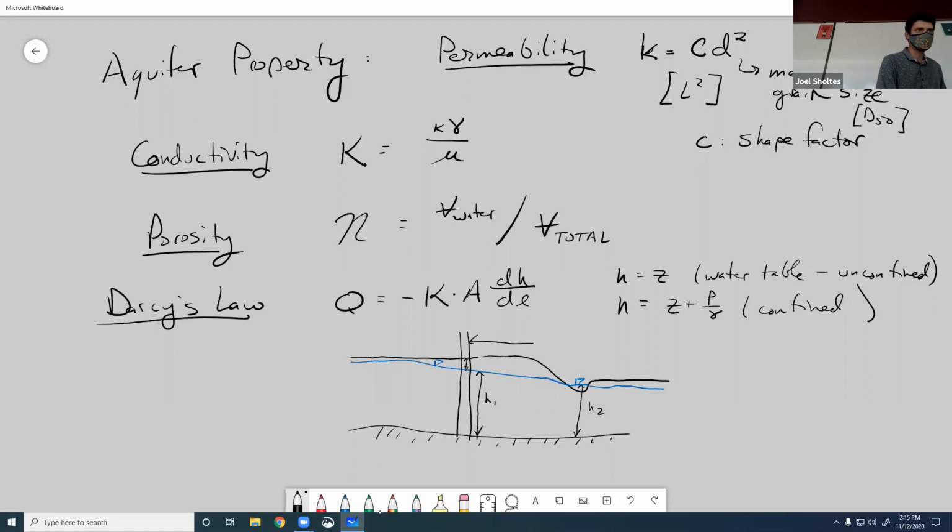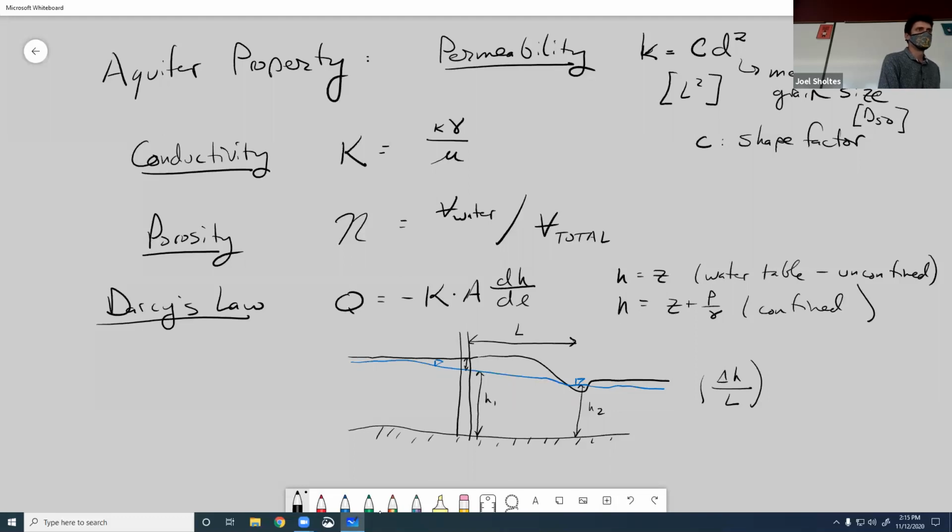And then this is our length. Then in this case, our gradient is going to be delta H over L. Right. Well, the delta H would be negative.